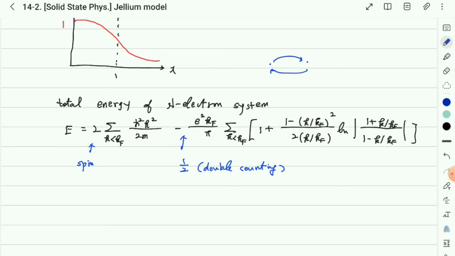And also because of the two spin states, we should multiply 2, and it is coming from the spin. Therefore there is no multiplying term. And the latter one is the Lindhard function.